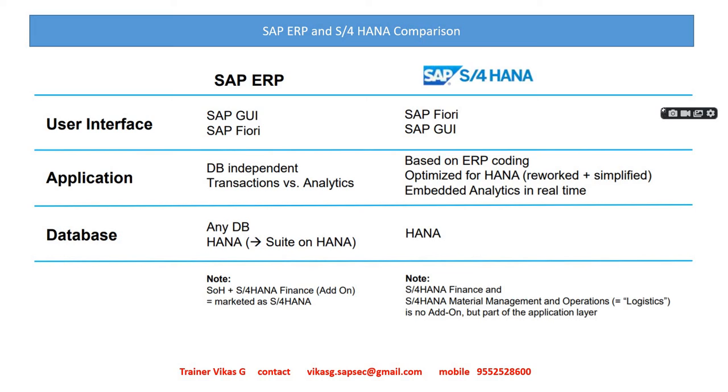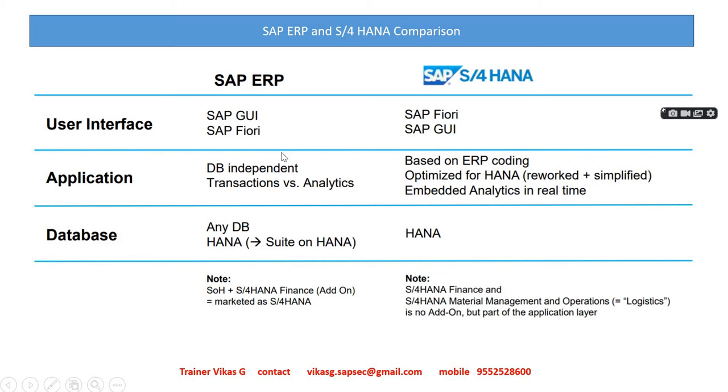The main advantage you can quote is that if you go for S4 HANA but you don't want to use Fiori, you still have the advantage of HANA as a database, which is running on your main memory. That is the main feature. Not only this, there are also some specific changes.